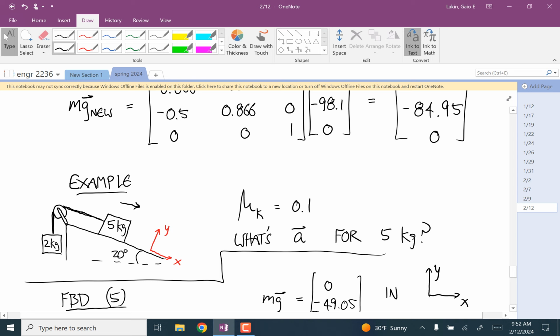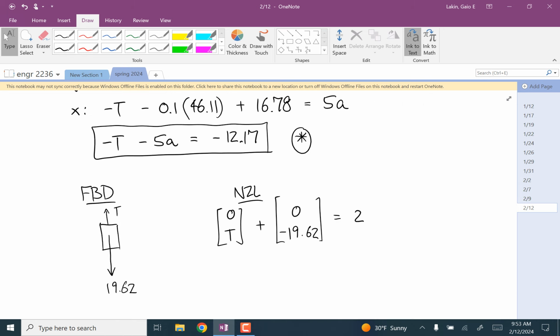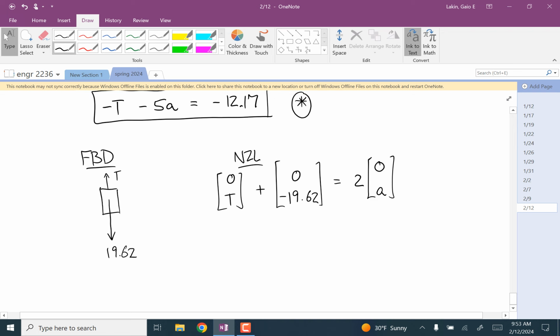So in this case, if the 5 goes in the positive x, notice the 2 goes in the positive y. So this time we're going to write it as 0, a. So it all comes from just thinking of those 1 inch motions. Our second equation here says T minus 2a is equal to 19.62.